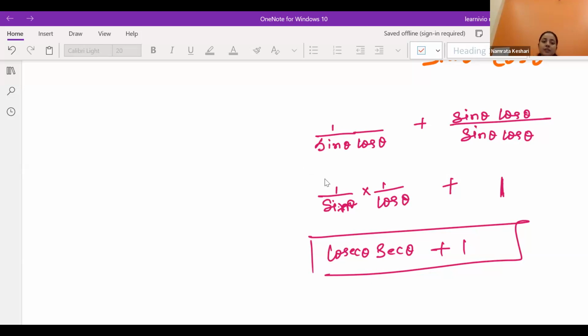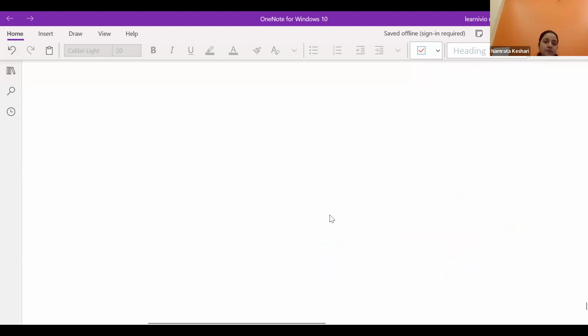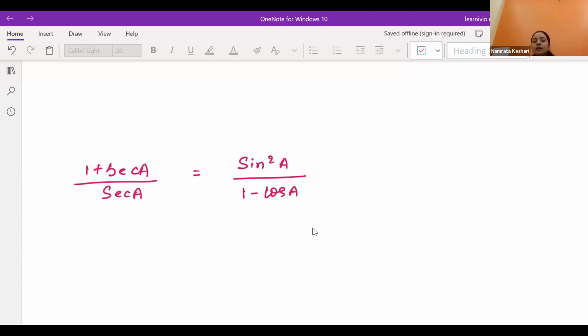So here we are having the next question, which is also very important. 1 plus sec A by sec A is equal to sine square A by 1 minus cos square A, cos A. Okay.